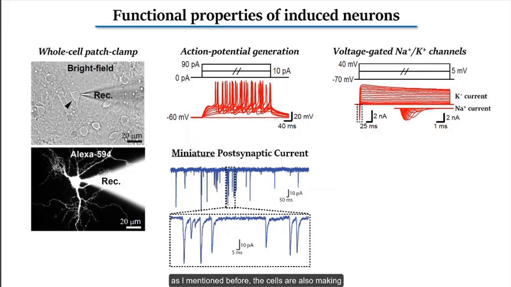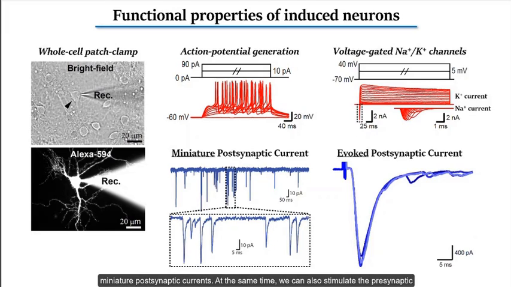Okay. At the same time, as I mentioned before, the cells also make synaptic contacts with each other. We can measure them. When we record from them, we see these beautiful synaptic events. These are single vesicles releasing from the presynaptic terminal, and we can do voltage clamp recordings to measure them. These are called miniature postsynaptic currents.